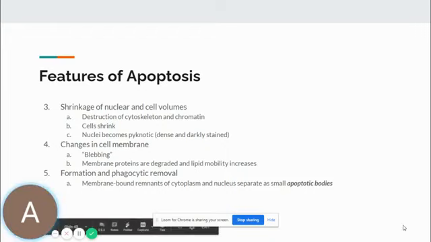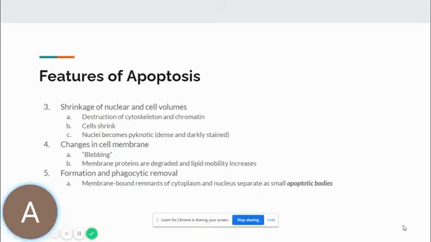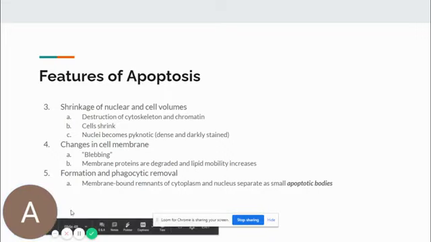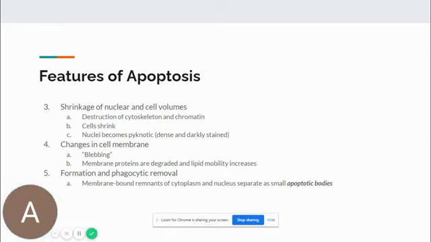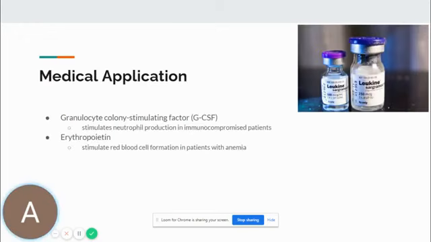So when this happens, there's an imbalance: the cytoskeleton is destroyed, the membrane proteins become imbalanced, and the mobility of the phospholipid bilayer increases. Then comes formation and phagocytic removal. Like we discussed, membrane-bound remnants of the cytoplasm and nucleus separate as small apoptotic bodies, and they are phagocytosed by surrounding or neighboring cells, or cells specialized for debris removal.